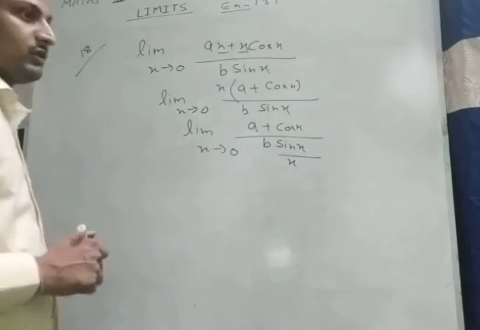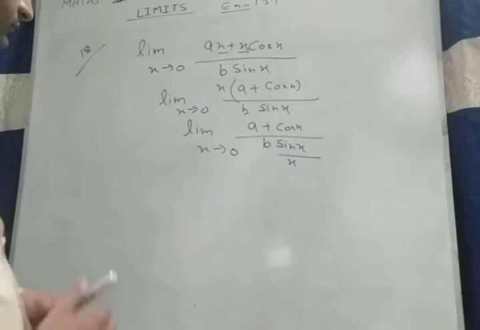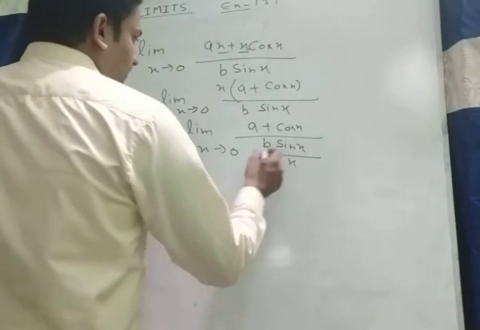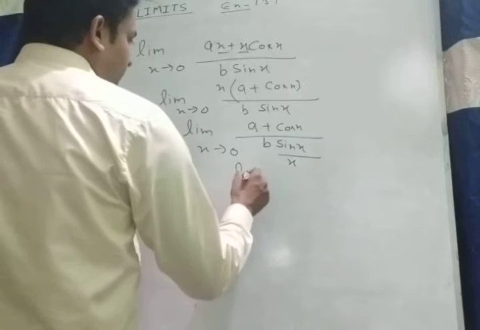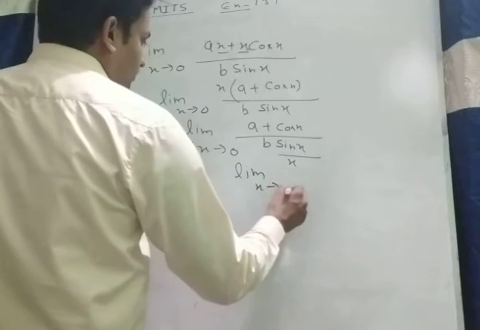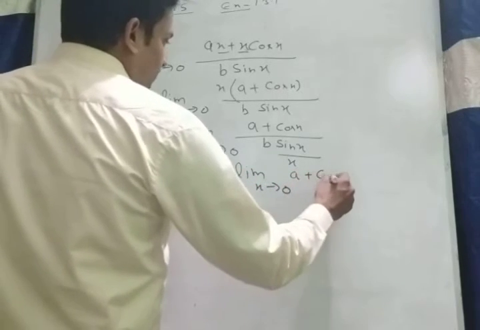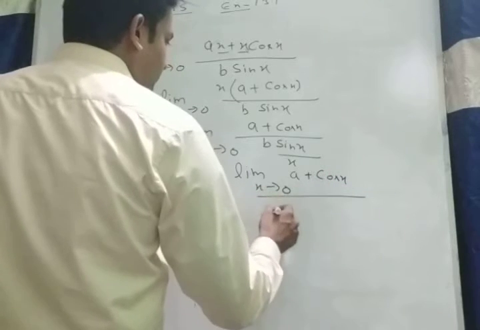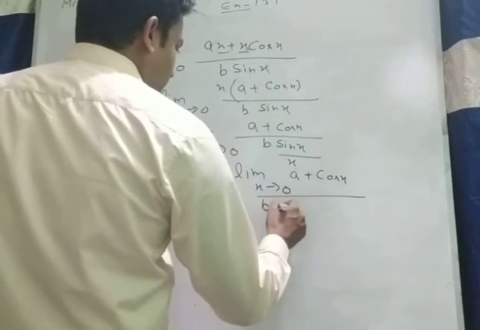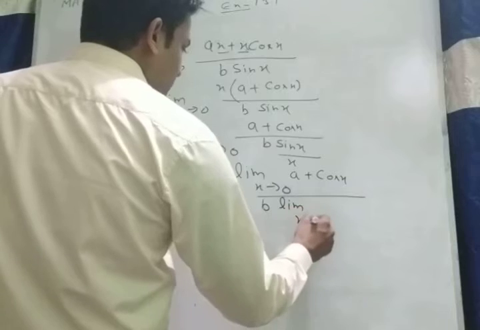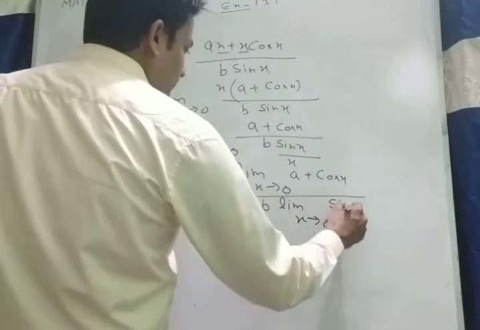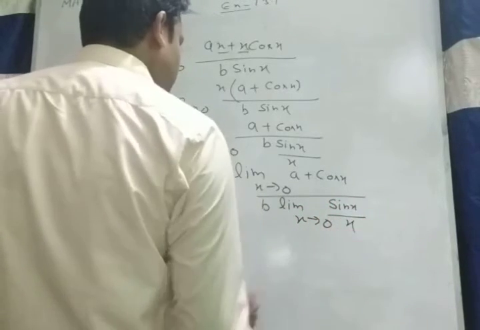So we can write limit x tends to 0, (a plus cos x) by b, times limit x tends to 0 sin x by x.